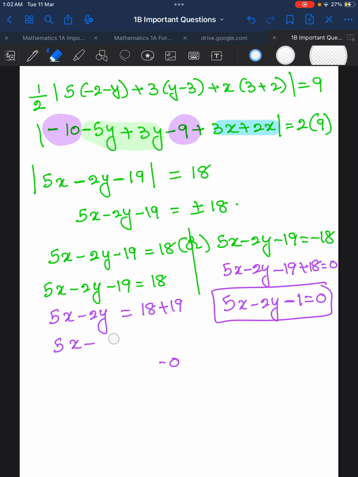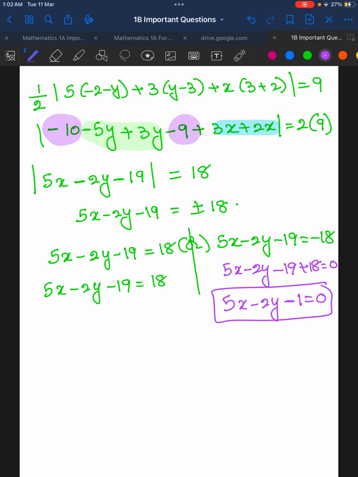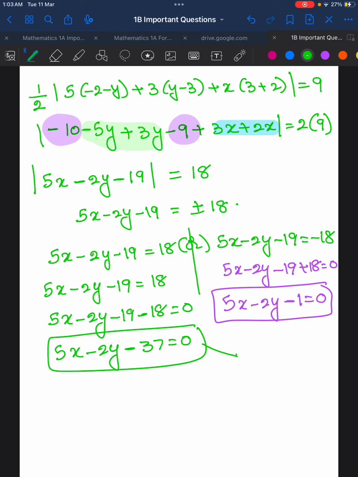Here also I am writing once again what we are getting here. This value is 5x minus 2y minus 19 is there. You took plus 18 from the right side to left side. What it will become? Minus 18. So 5x minus 2y minus 37 is equal to 0. We got two equations. Now you have to give the answer in combined form.